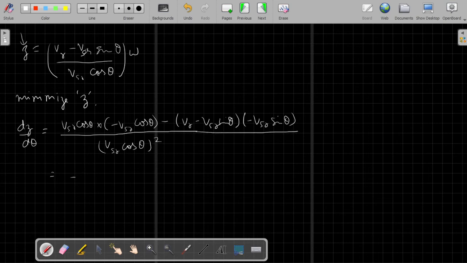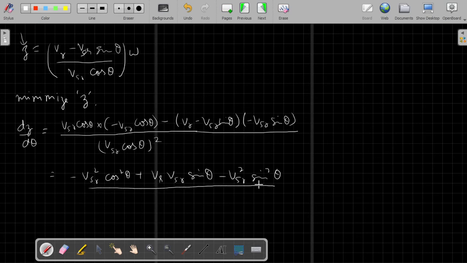So this is minus VSR square cos square theta minus VR VSR, and it will be positive sign, sin theta minus VSR squared sin squared theta, divided by VSR square cos square theta.